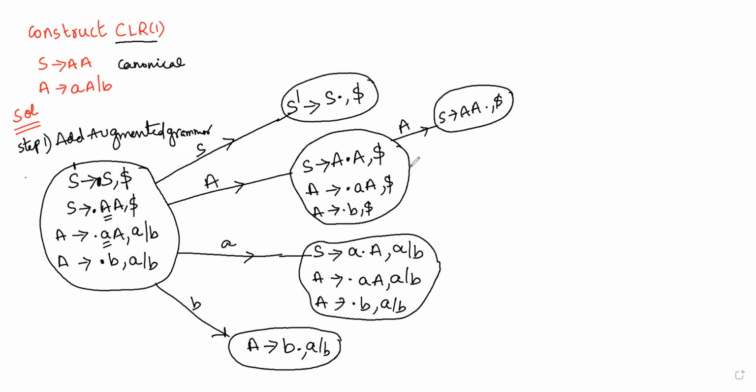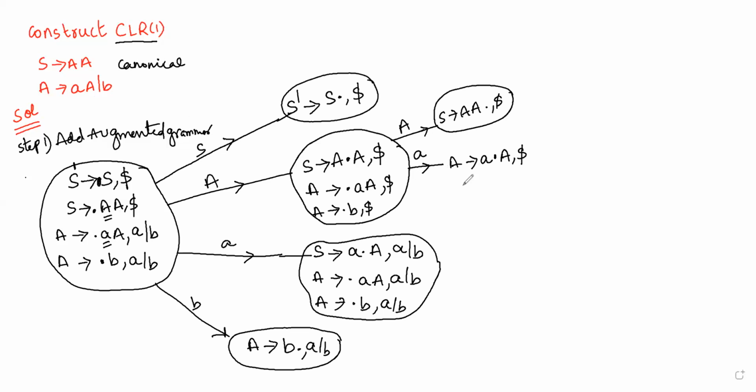Now if you see small a, so what is this small a? Again, A tends to dot AA. So it will become A tends to A dot A comma dollar. Again, what we have? Capital A is there. After dot, capital A is there.